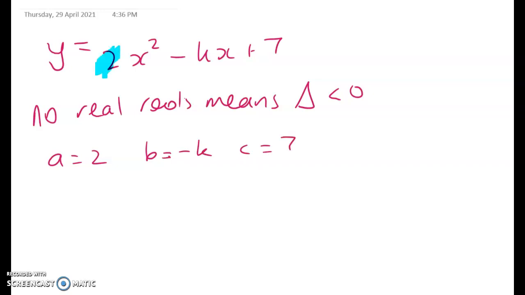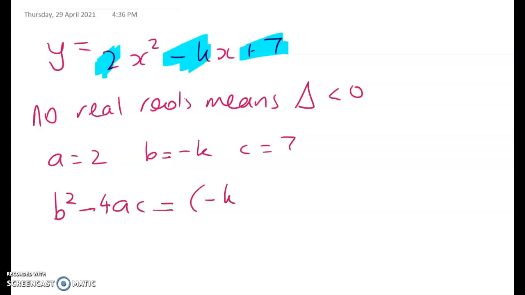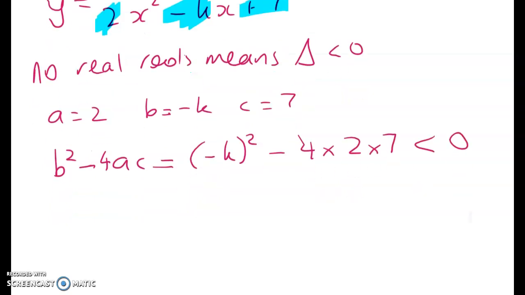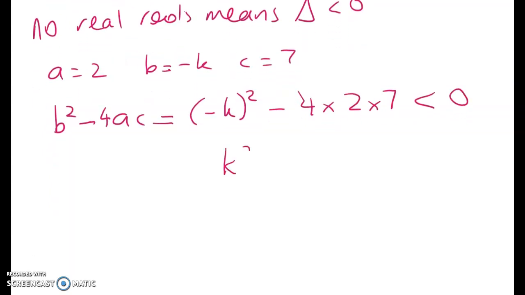So here's A, B, and C. So B squared minus 4AC is equal to negative k squared minus 4 times 2 times 7, and that has to be negative. Cleaning this up gives me k squared minus 56 is less than 0.